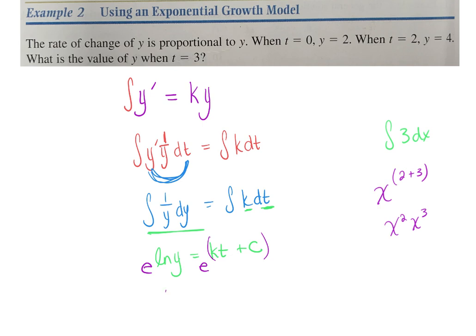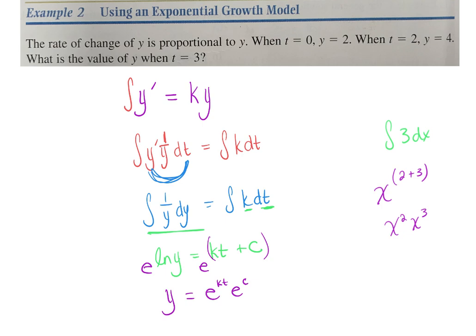So on the left-hand side, my y is by itself. On the right-hand side, I'm going to rewrite it as e to the kt times e to the c. Everybody see that? I have a constant, 2.71828, whatever e is, raised to a constant. Just like I said, if I double a constant and it's a generic constant, I can just list it as a constant.